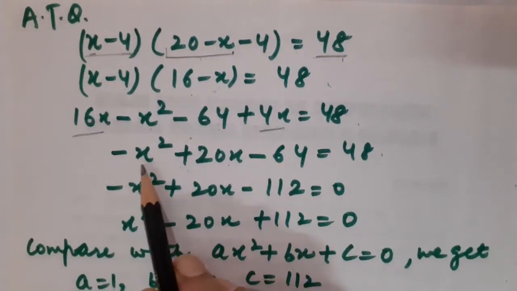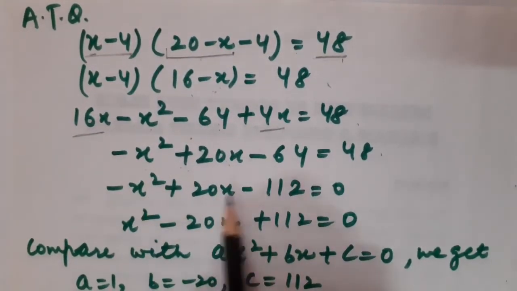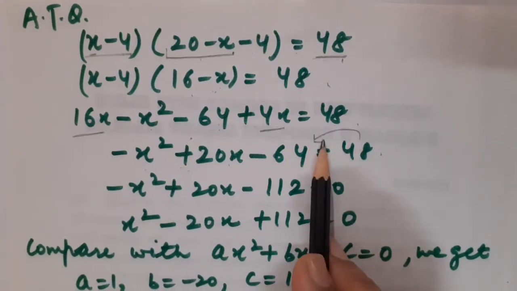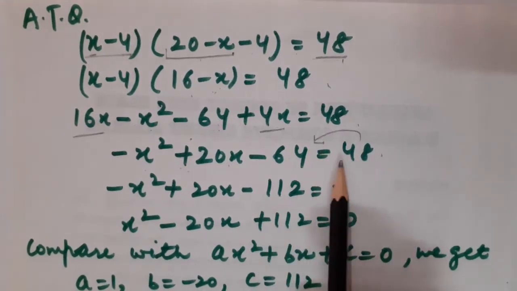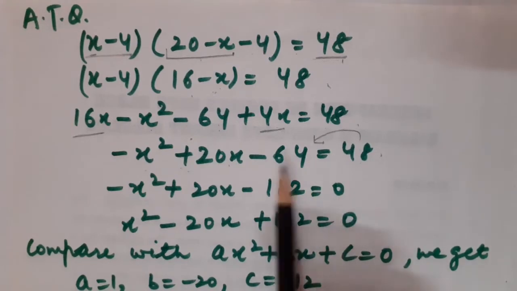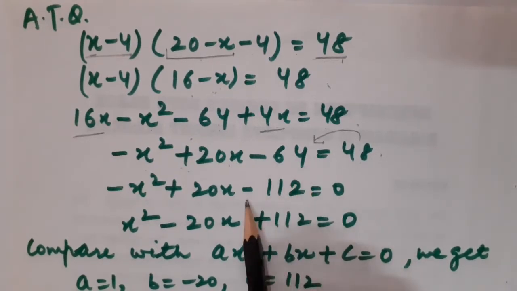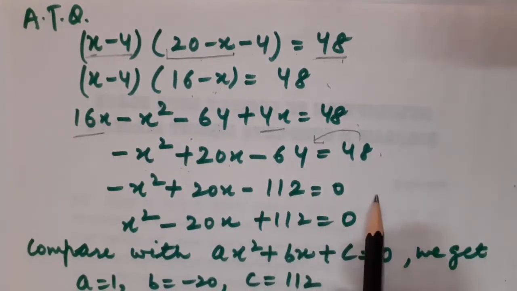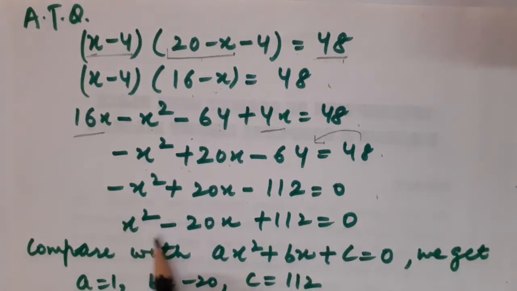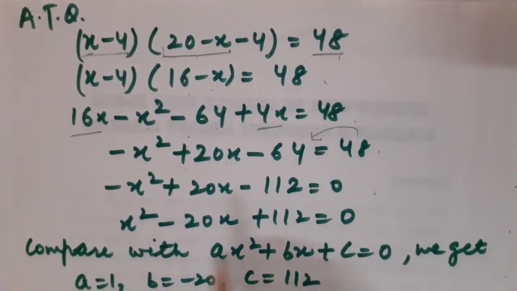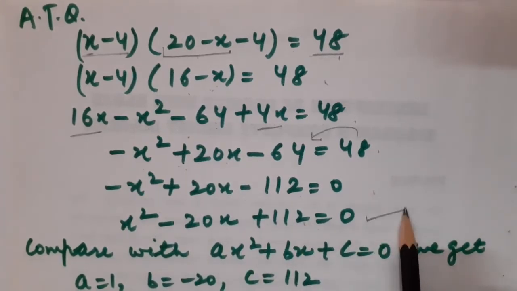Correct. Now this is minus x square plus 20x. I am going to bring this 48 to the left hand side, so it becomes minus 48. Minus 48 and minus 64 will give you minus 112 is equal to 0. Taking minus 1 as common, I will get x square minus 20x plus 112 is equal to 0.